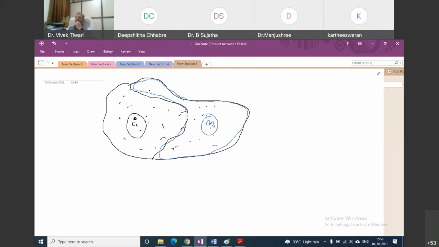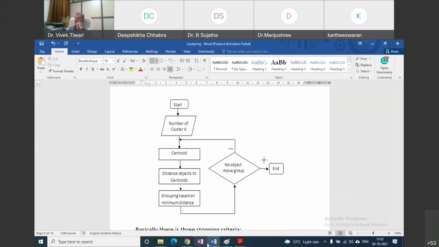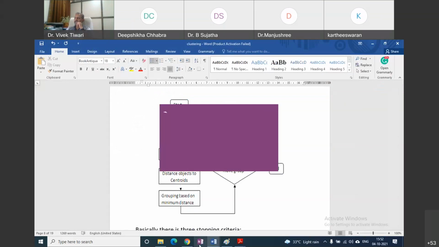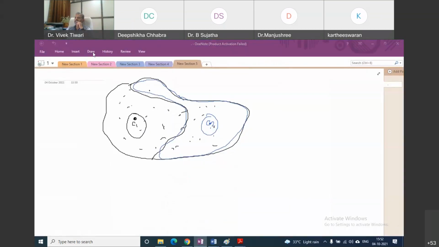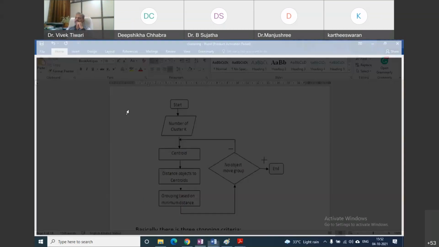Now we have to calculate the distance of all the data points. Try to understand what I am saying. Suppose this is the data point. I have to calculate its distance to centroid 1, this distance.